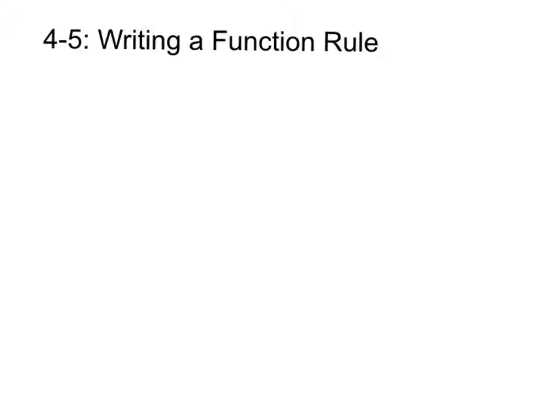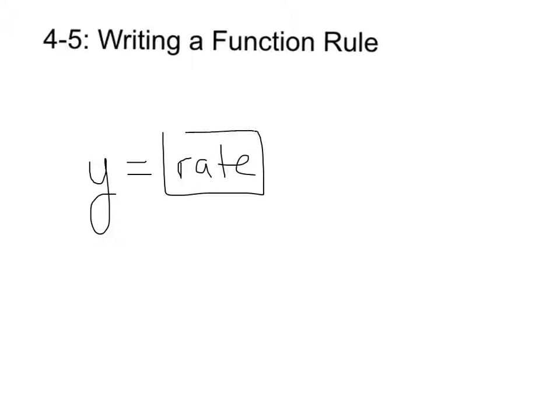Most linear equations will follow basically a set pattern, where we'll have the y value, the dependent variable, equaling some sort of rate, and usually this is the amount per. The key word here is per something else, okay?